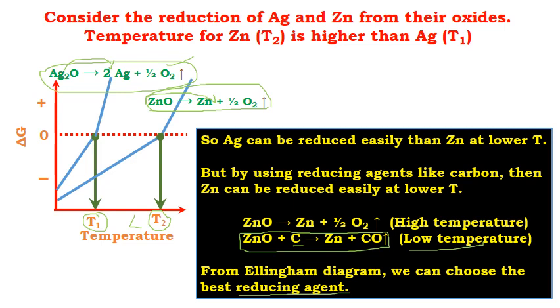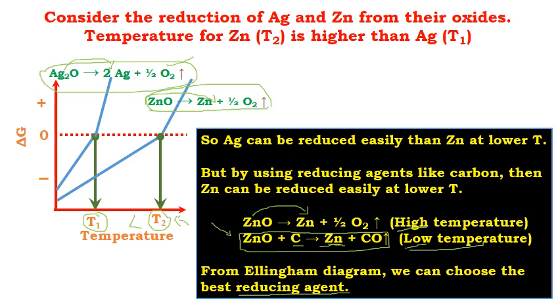Normally the reduction of zinc oxide into zinc takes place at high temperature. As we can see from the graph, T2 is higher. So if you are using a reducing agent such as carbon, then it can be easily reduced into zinc at a relatively low temperature.